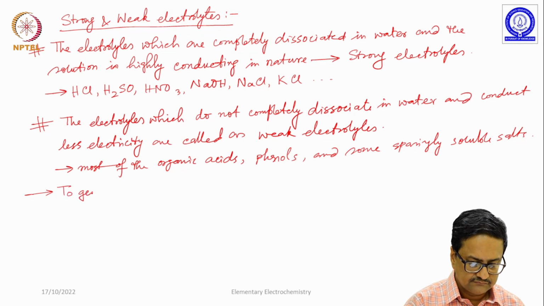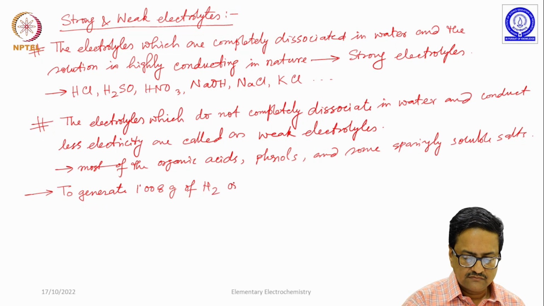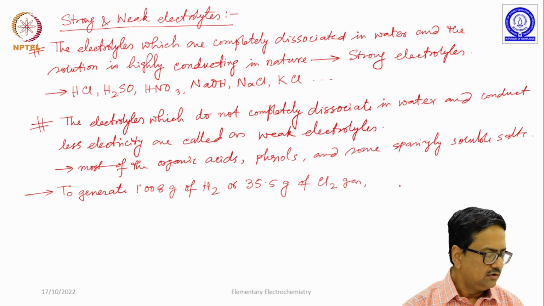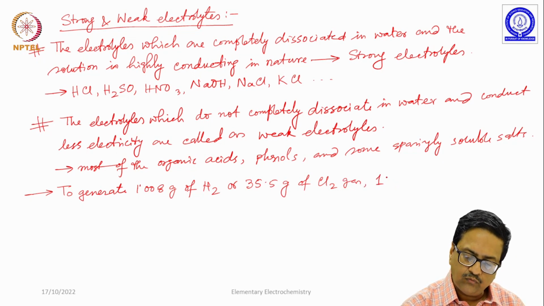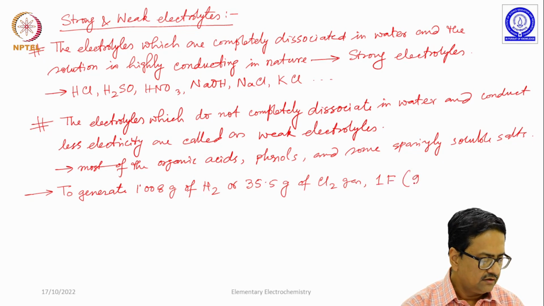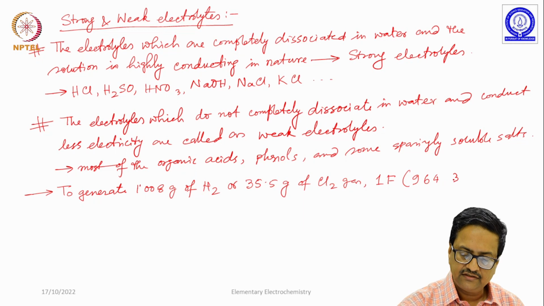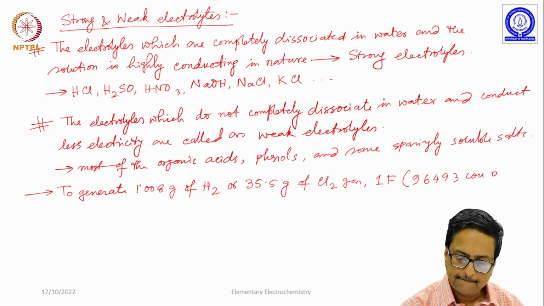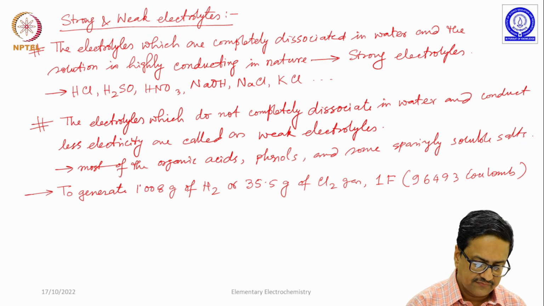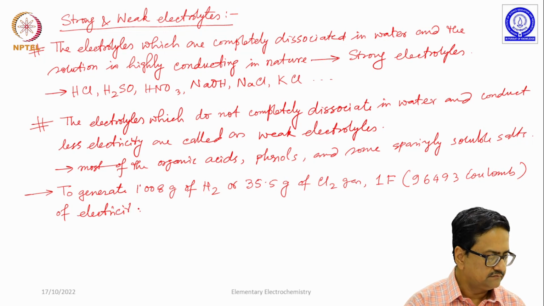So it was observed that to generate 1.008 gram of hydrogen or 35.5 gram of chlorine gas, one needed 1 Faraday, that is 96493 coulomb of electricity.